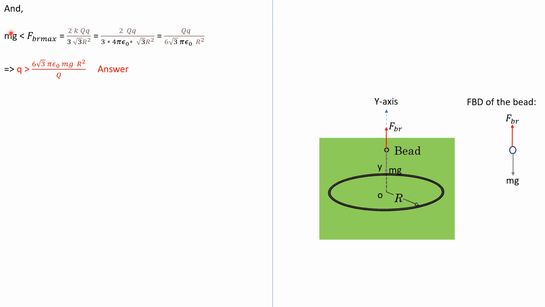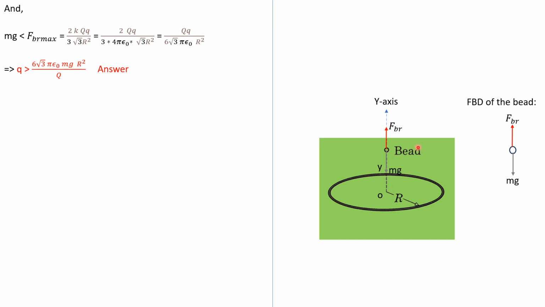It's important to understand why this condition is important. Suppose mg is greater than F_BR max. What will happen when you shift the bead above r by root 2 and leave it? mg being bigger than F_BR max, it will pull down the bead and it will further go down, down, down.